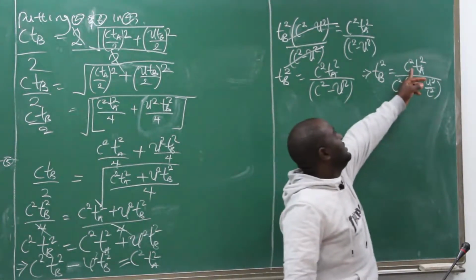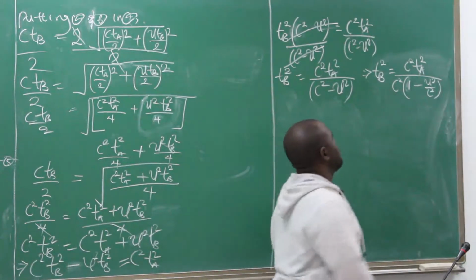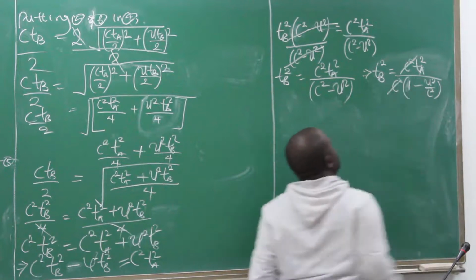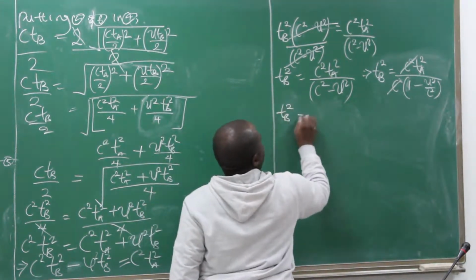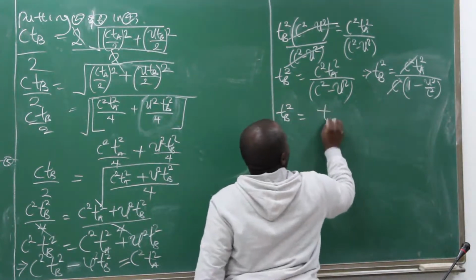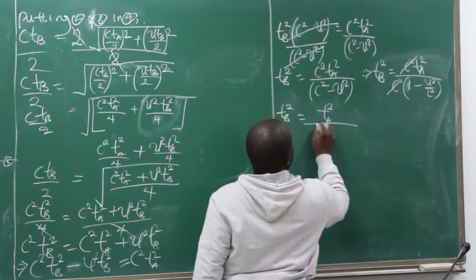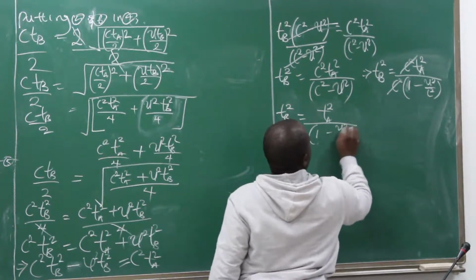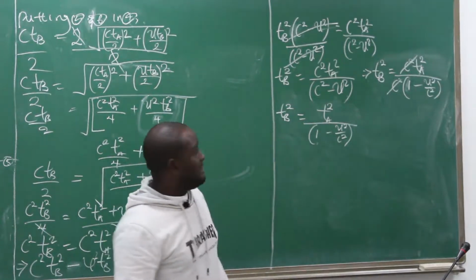So now we can eliminate the square of the speed of light. So this goes into this. We have tb squared is equal to ta squared all over 1 minus u squared all over c squared. This is what you have left.